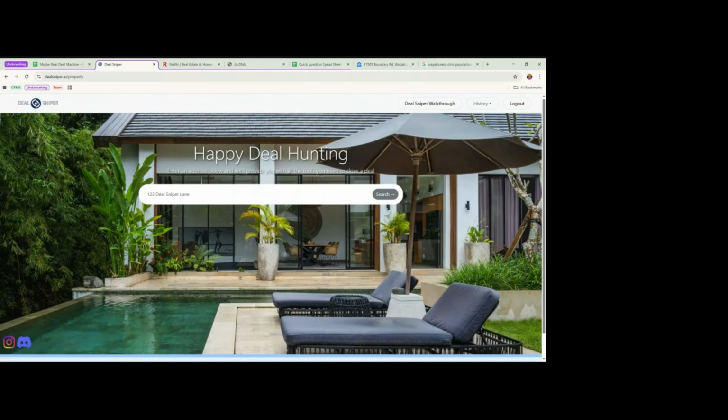Subtract 20% from the Zillow number, and add them all together. How many units are there? Four. So you would add all the units together, the rent times four, and that's what you would put in the LTR section for rent on the Deal Machine calculator, which would be right here.